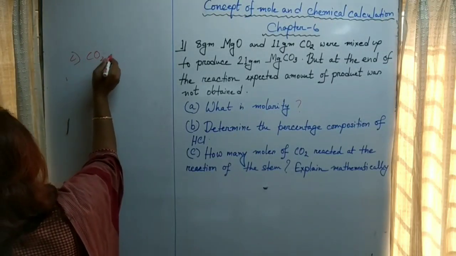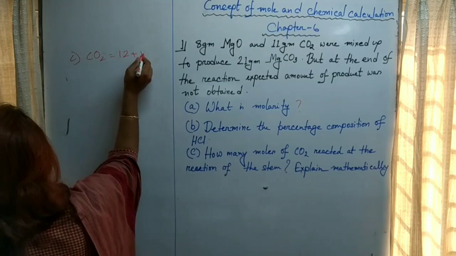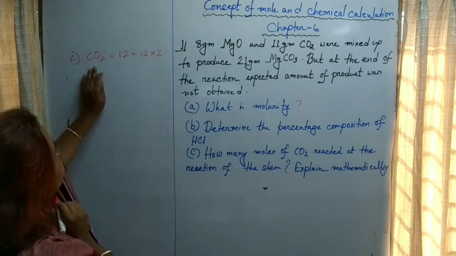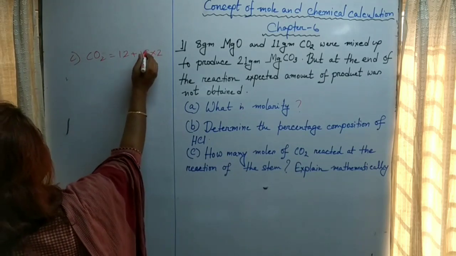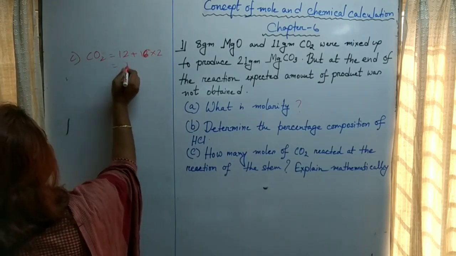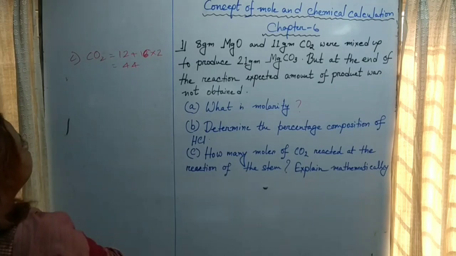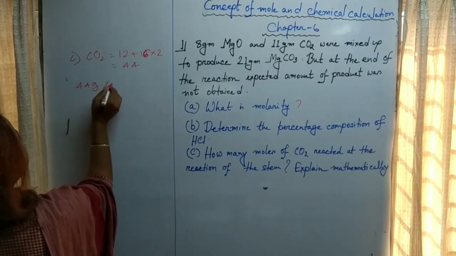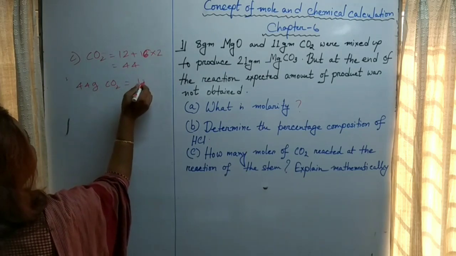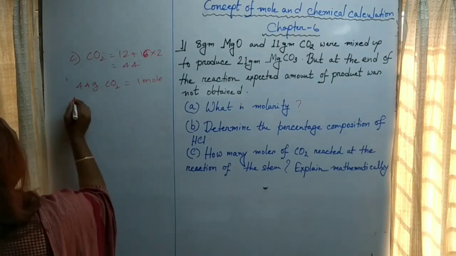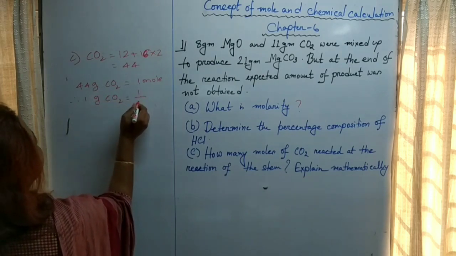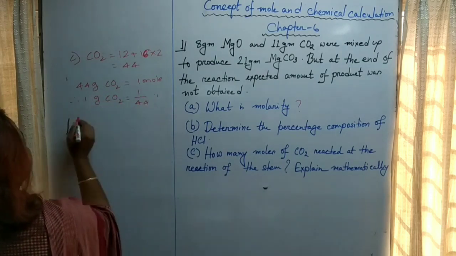Students, like this, 12 plus 12 into 2. Molecular mass of carbon dioxide is equal to 44. Therefore, can we say that 44 gram carbon dioxide is equal to 1 mole? Therefore, 1 gram carbon dioxide is equal to 1 by 44 mole.